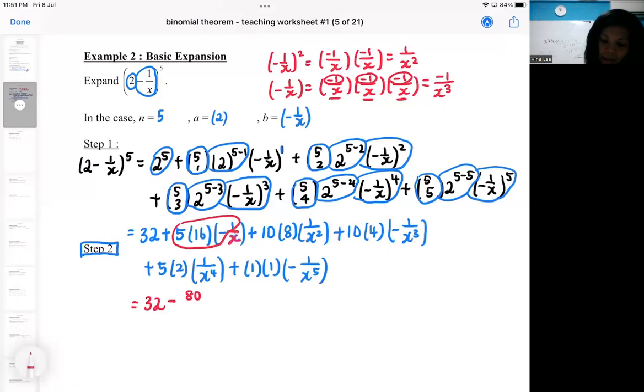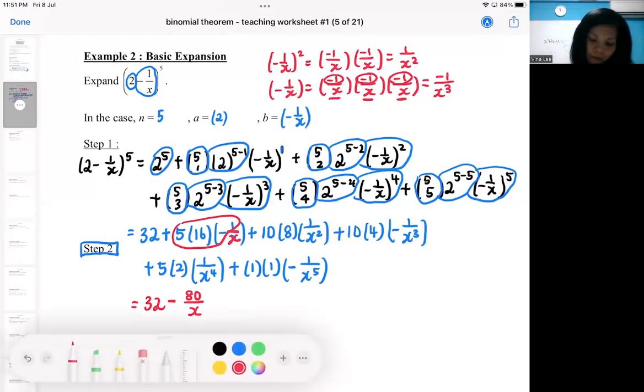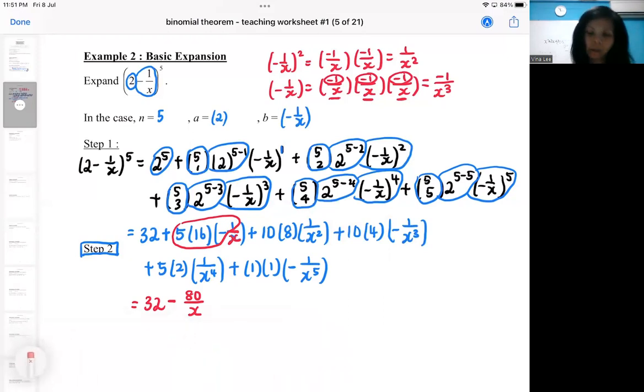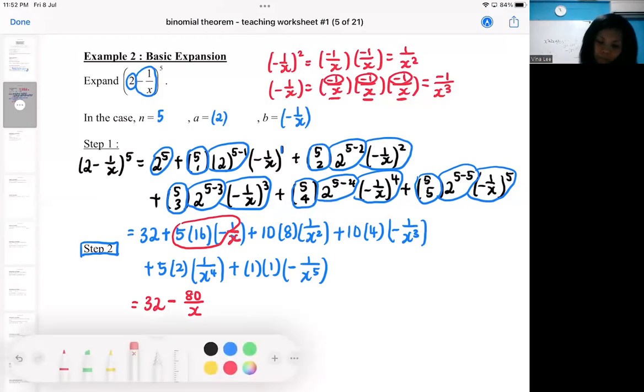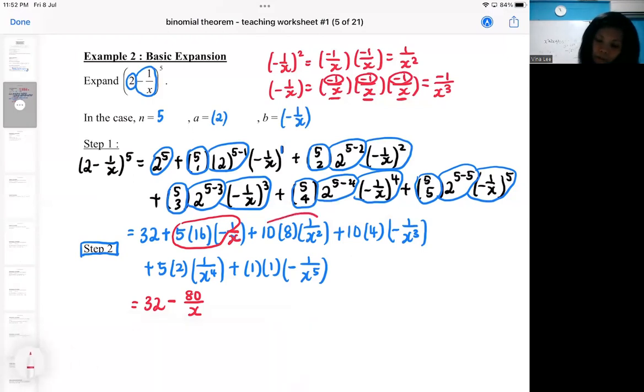x is in the denominator. Some people might even put the x in the numerator. Sometimes I have people putting this. That means to you, it didn't even make a difference whether x is in the numerator or x is in the denominator. So from here, you will get a positive 80.